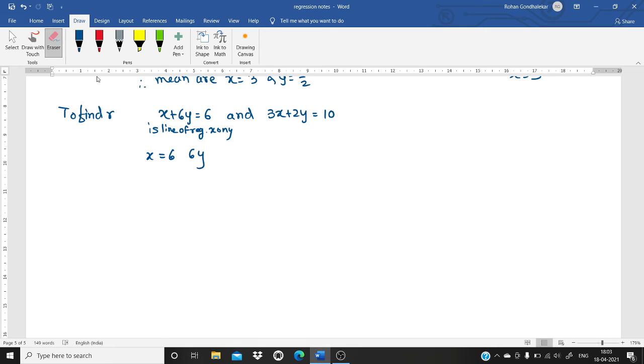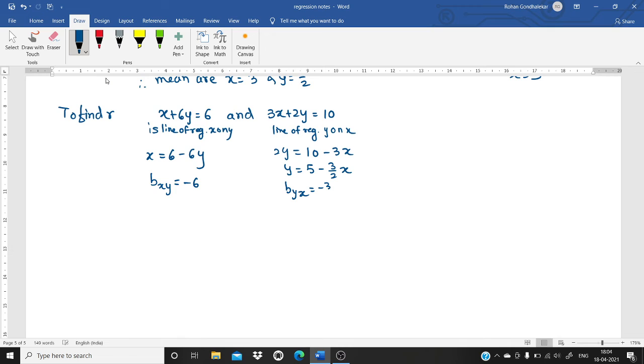I'm shifting that y term to the right side. Is it? So from this, bxy, the multiple of y, is minus 6. And this is the line of regression y on x. So hence, we write 2y is equal to 10 minus 3x, where y is equal to 10 divided by 2, that is 5, minus 3 by 2 x. So hence, byx is equal to minus 3 by 2.